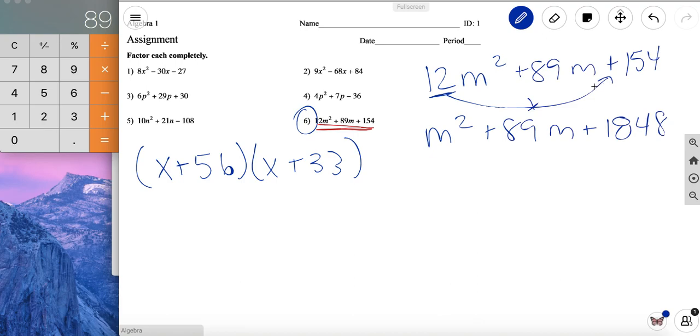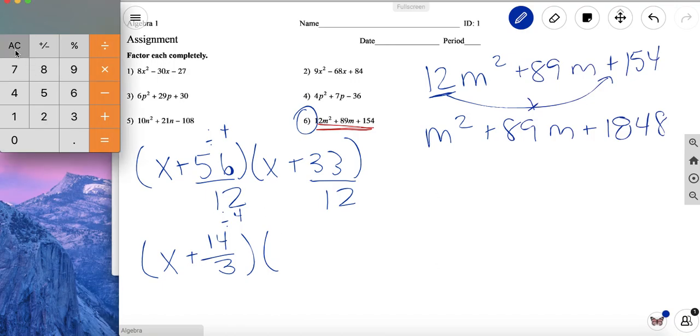Remember we originally multiplied by 12, now we need to divide by 12. 56 does not go into 12 evenly, so we need to reduce this fraction. Alright, 56 can divide by 4. So we reduce by dividing both the top and the bottom by 4. So we get x plus 14 over 3.